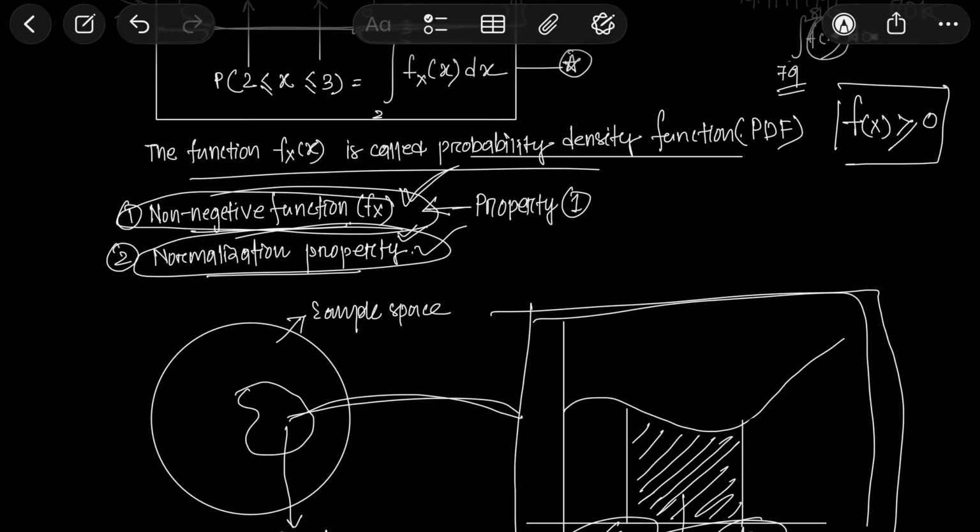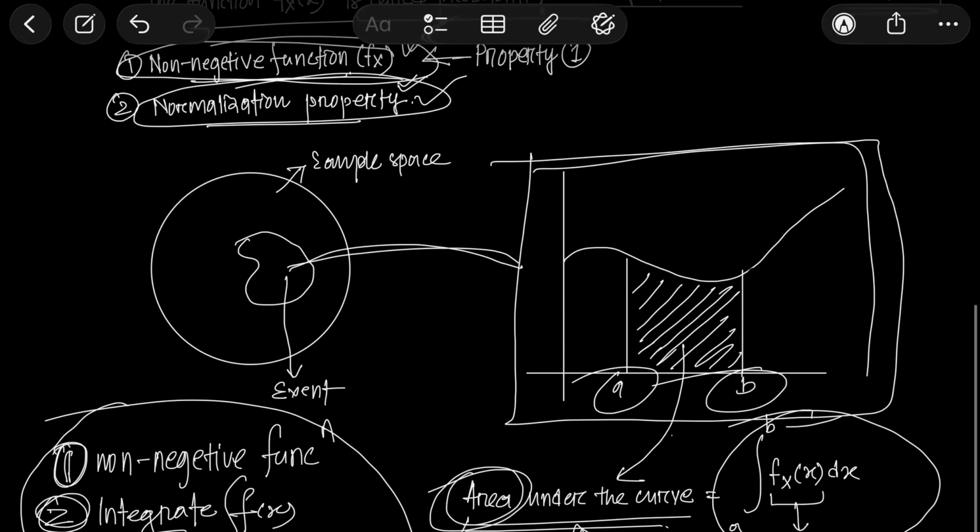Then you have seen how the non-negative part actually works. If you think of the sample space, then there is an event here. If we plot the graph like this, you will get A to B. Here that will be integration from A to B. You will integrate the area.